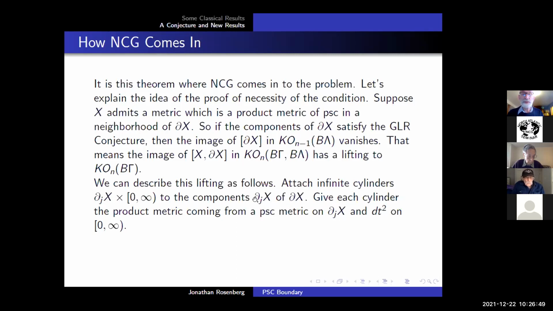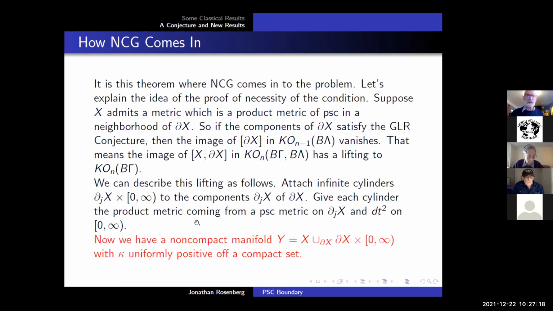So let's say you have a boundary component J of the boundary of X, and attach an infinite cylinder. We're given a metric of positive scalar curvature on each boundary component. So we just take the product metric of that metric and the standard metric on the interval. And that gives you a metric on the cylinder, which matches up with the metric on X near the boundary.